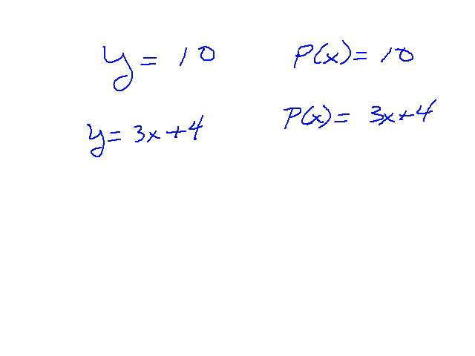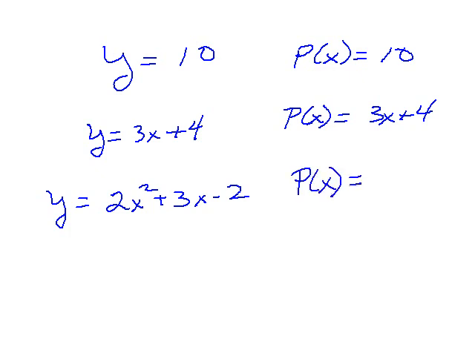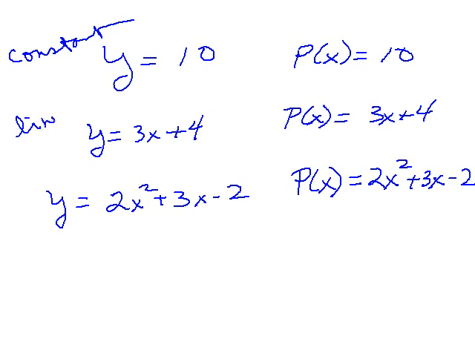And the other one you're familiar with are the quadratic functions, 2x squared plus 3x minus 2. And that could be written as a polynomial also. I'm just designating it as a polynomial. So here's your constant, here's your linear function, and here's a quadratic function.